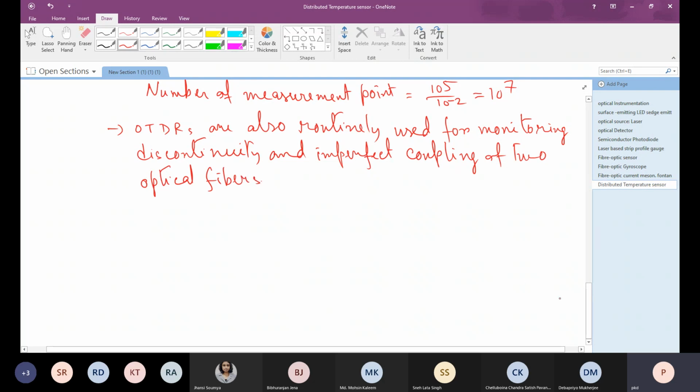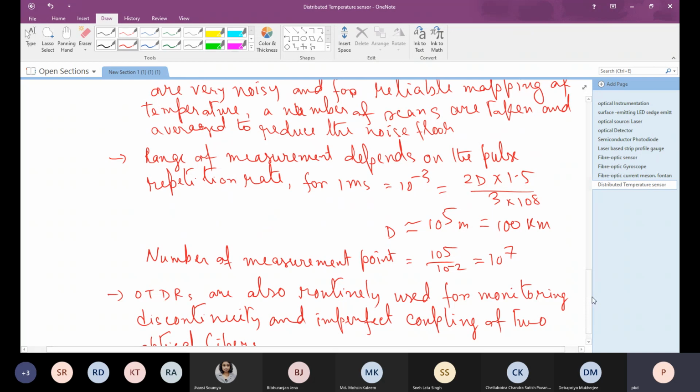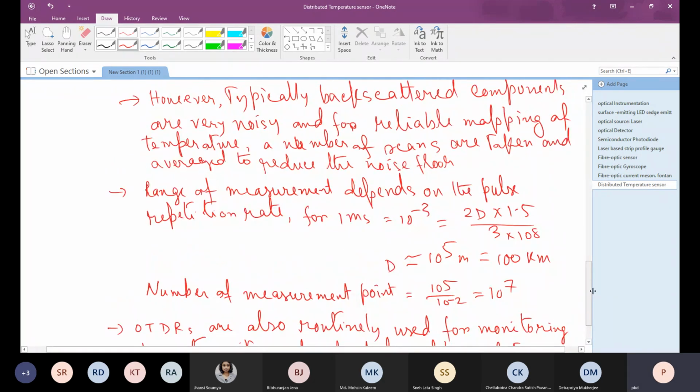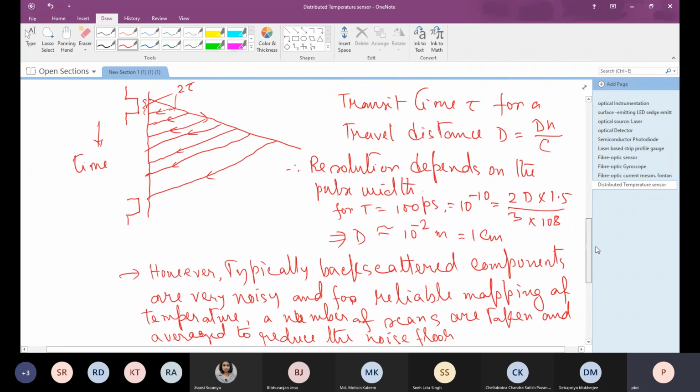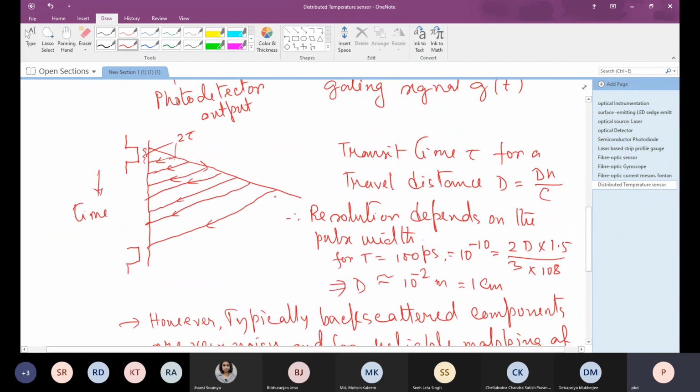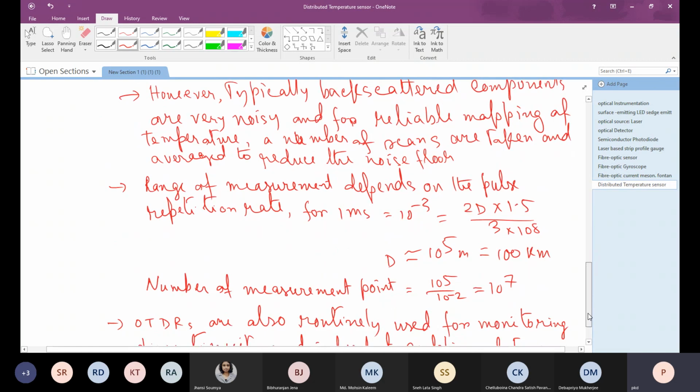Because in case of discontinuity, the reflection will be very high. So that will be simply not the backscattered component, rather a back reflected component. And that will give a very prominent high power peak compared to the continuous backscattered component triggered by temperature variation.